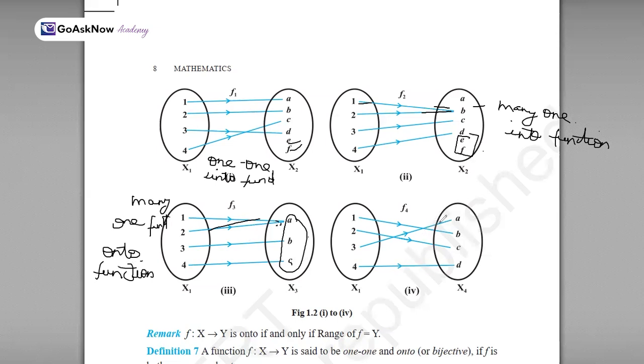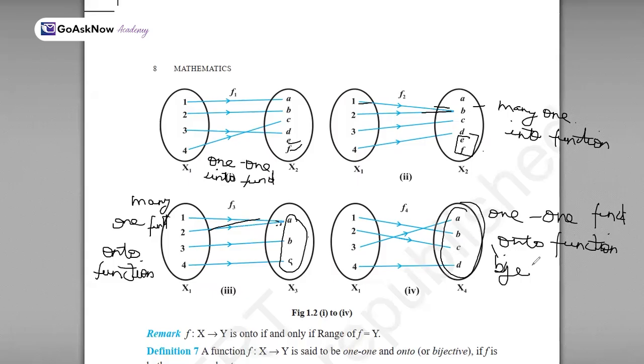But in the fourth example, you can see that it is a one-one function, because each element is related to a single element in the set x2. All the elements are also related to some element; no one is remaining unrelated. So it is one-one and also onto. When both conditions are fulfilled, the function is called bijective.